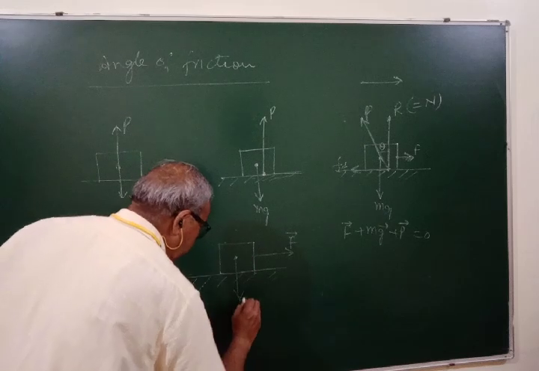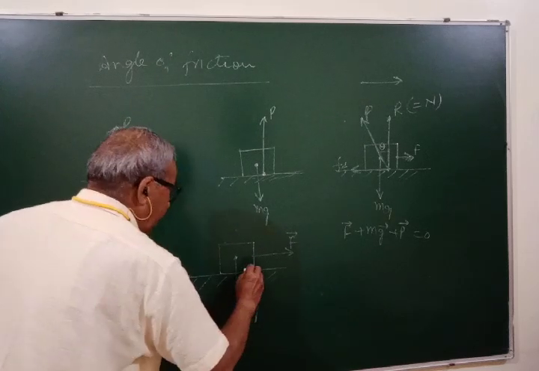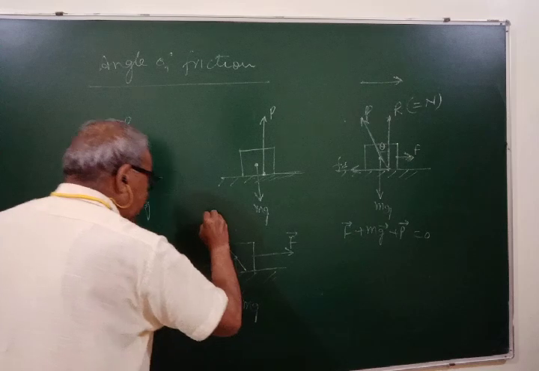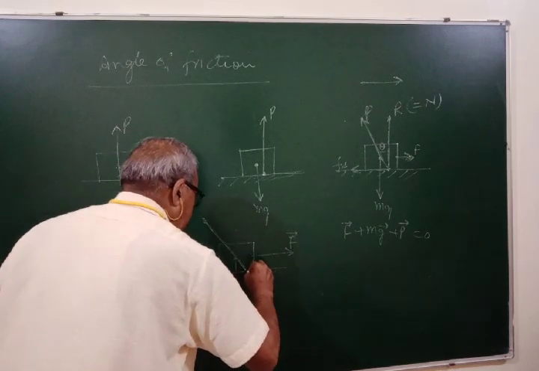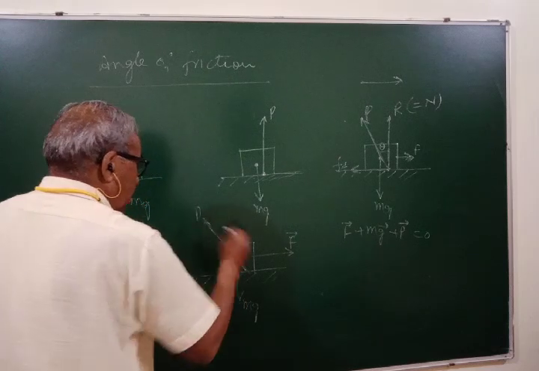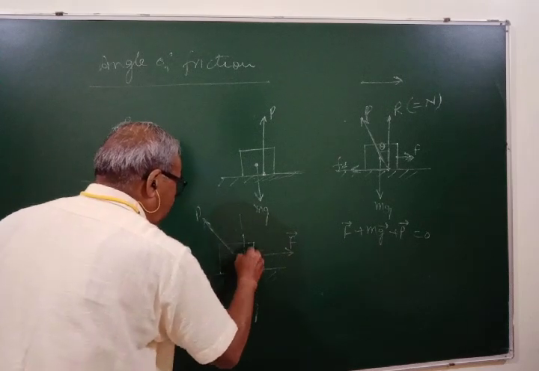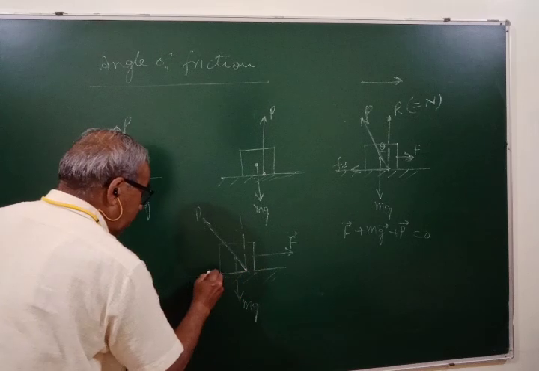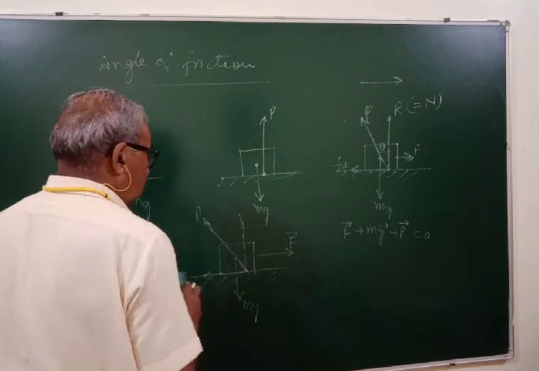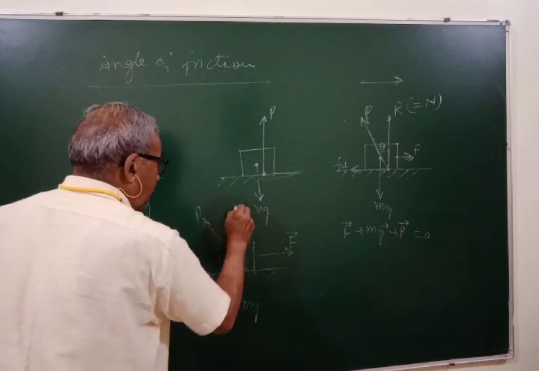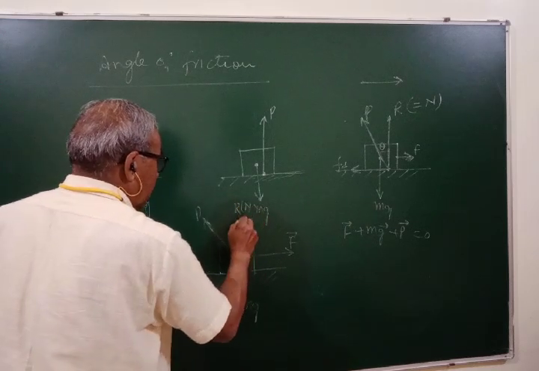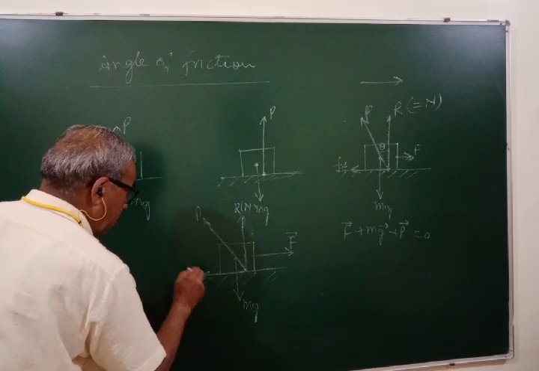Mg acting downward, and the reaction force P further gets inclined away. And again we can make two components like this. This is R or N, and this is Fs.